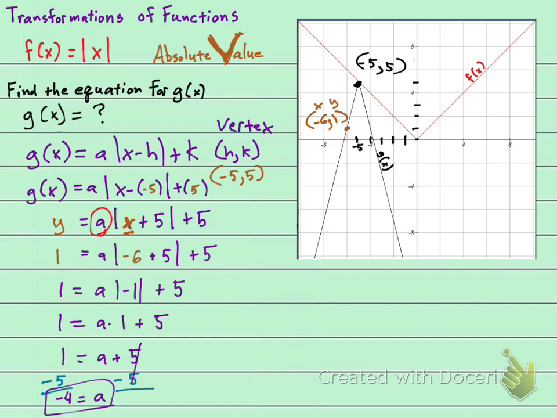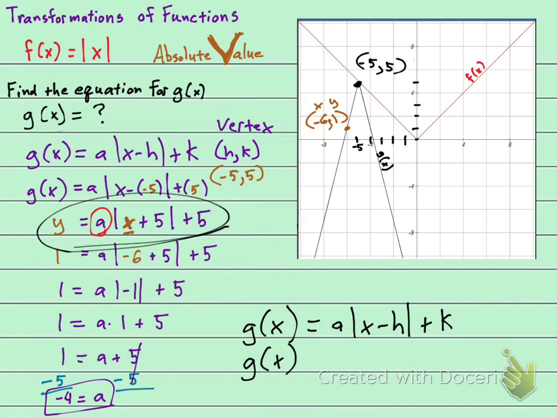All right, so here is my equation. All I have to do is take this, plug it in right here, and I'll have my equation. The g of x, I'll put it in black. The g of x equals a|x - h| + k. Now, I already know from right here that the a is going to be -4. So that's from right here. The a is going to be -4.